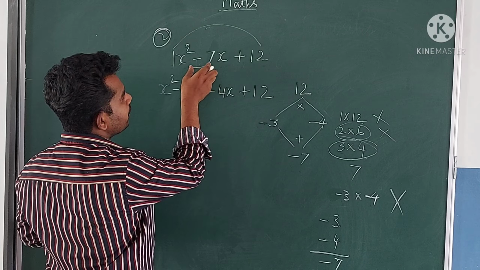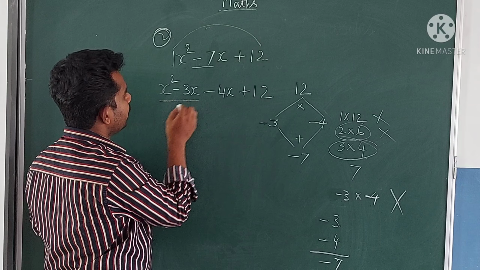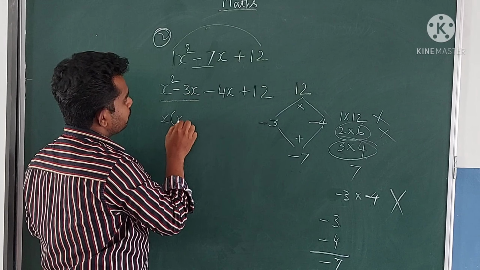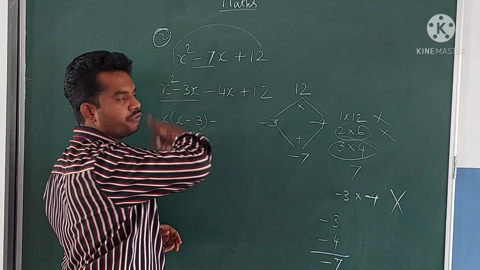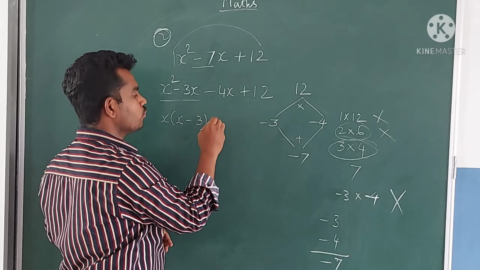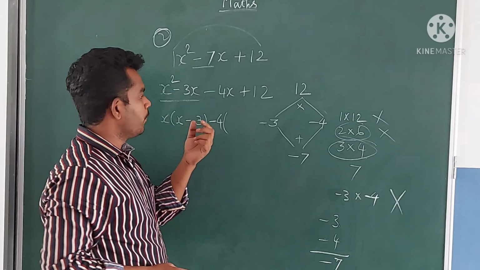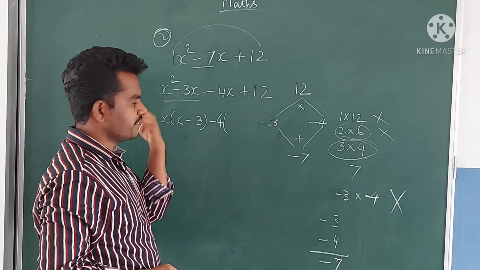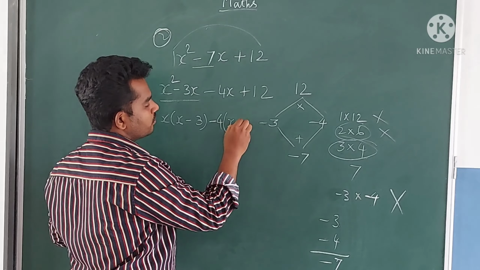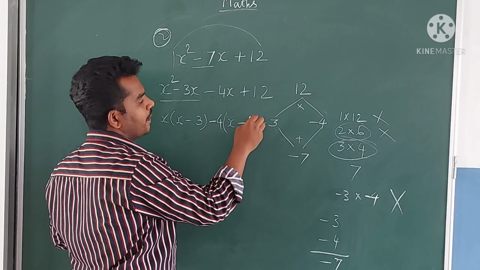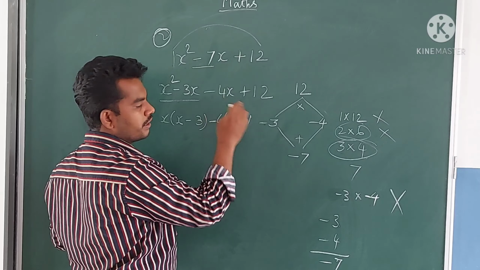So we divide into minus 3x minus 4x. Okay. So here x is common, x minus 3. Here we will take minus 4 as common. Already in the last class I told how to take the minus as common. So here x, here 1, minus taken. What is the multiple of 4? Here 3.